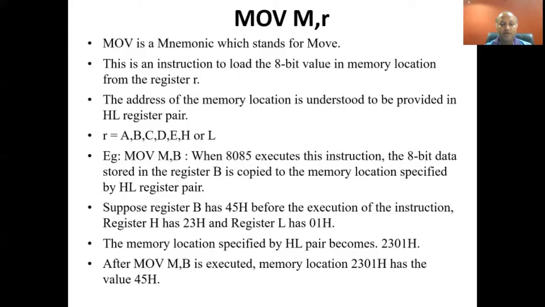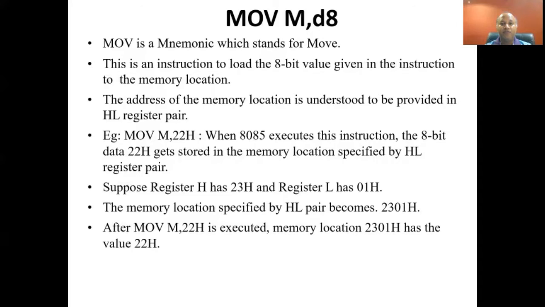The memory location specified by HL pair becomes 2301H. After MOV M, B is executed, memory location 2301H has the value 45H. So the value of the data in 2301H changes to 45H.